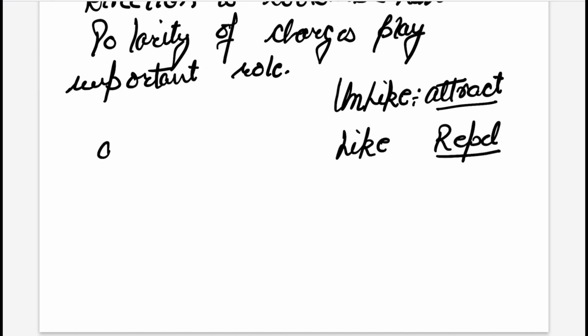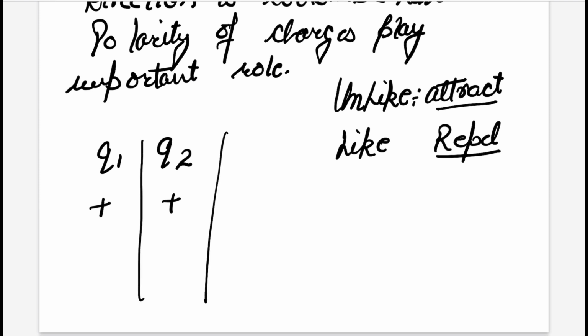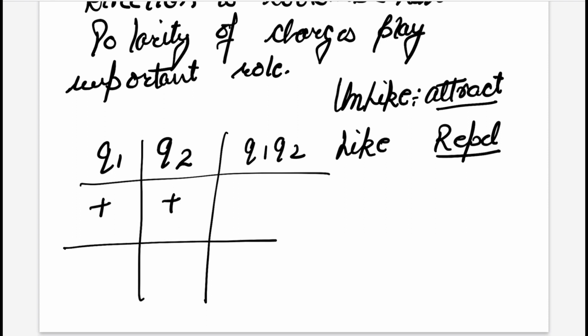Now, if you have two charges Q1 and Q2, if both these charges are positive, we take two charges Q1 and Q2. We write the product of the charges as Q1 into Q2. If both charges are positive, it means that the product Q1 Q2 will be greater than 0.